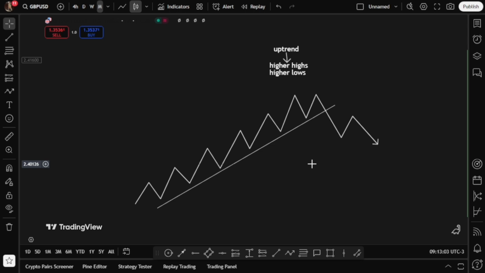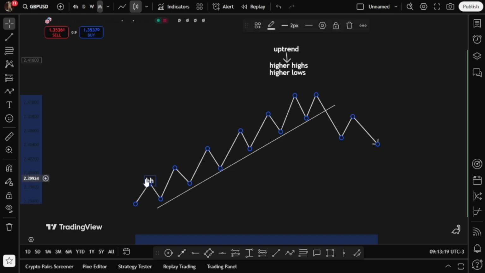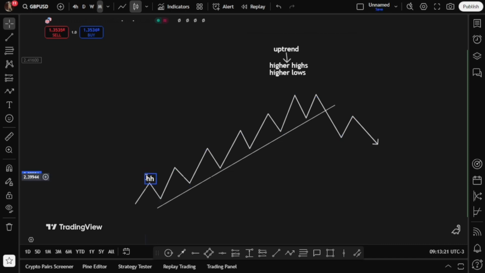The higher highs can also be called the impulsive market, and the higher lows can be called the retracement market, right? So now, the peak of the trend, the new highs it creates, is called the higher highs. Like now, this is the higher high. We clone this again.